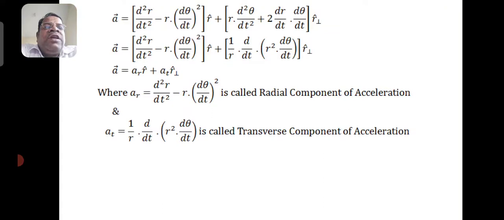r into bracket d theta by dt square is called the radial component of acceleration. The term in the second bracket, 1 by r d by dt into bracket r square d theta by dt, which is denoted by at, is called the transverse component of acceleration.